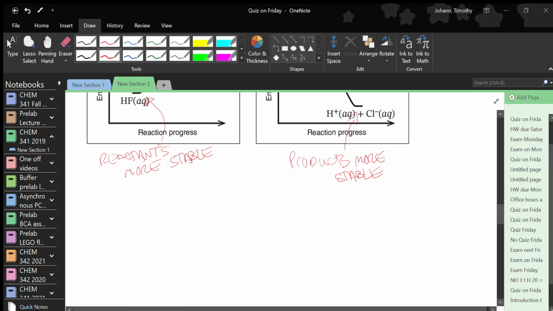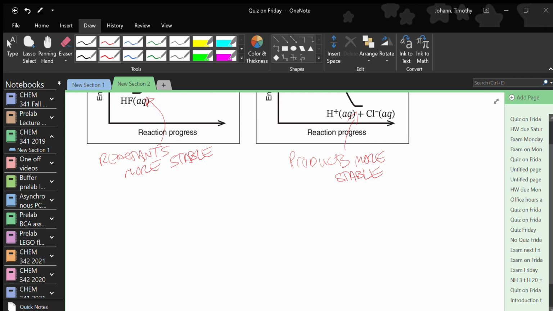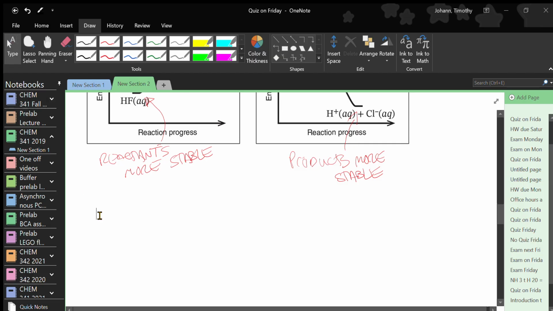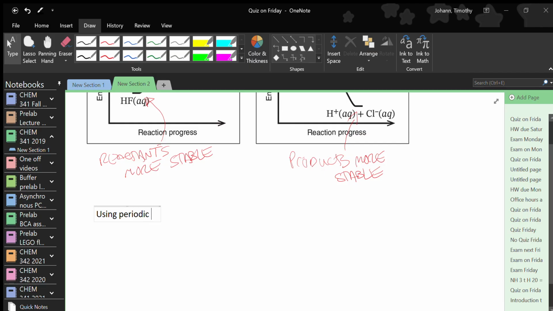But if we want to think about the strength of an acid, we can actually use periodic trends to do that. So we're going to use periodic trends to predict acidity.